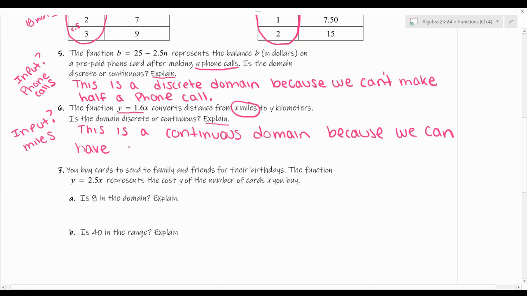We can have half a mile. Oh, I don't know if I want to say have. Let's say travel. So we can travel half a mile. Because travel could be us walking, running, biking, or driving. Just a little bit better way to say this.